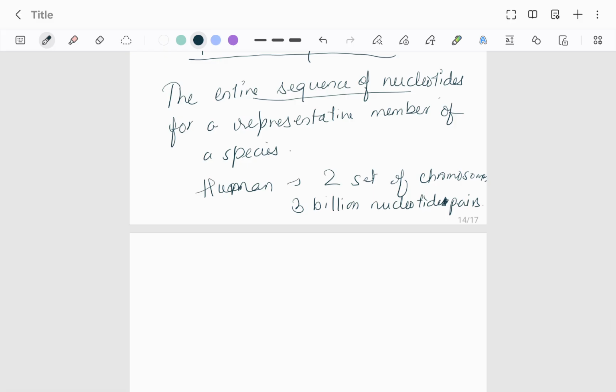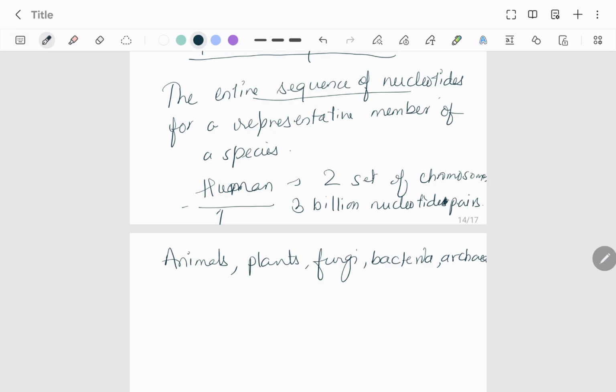The genome sequencing has been done for many organisms, for many animals. Humans are animals, and there are other animals also. It has been done for different plants, for different fungi, bacteria, archaebacteria, right?